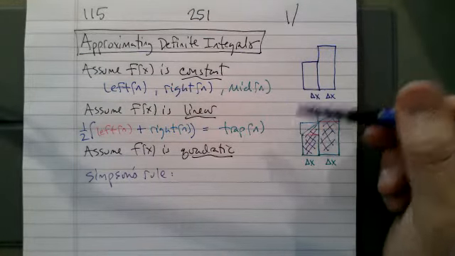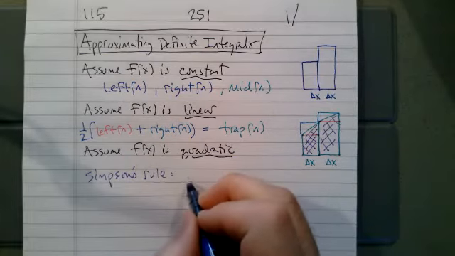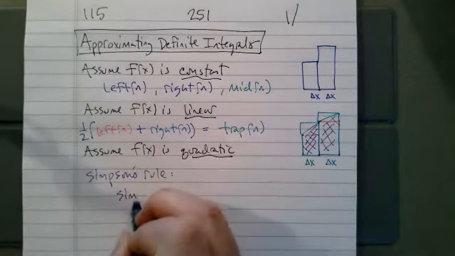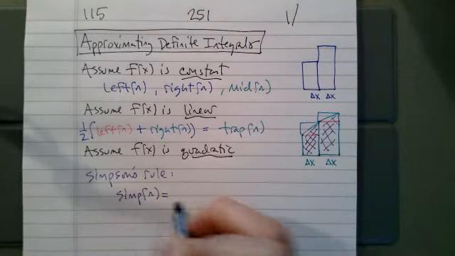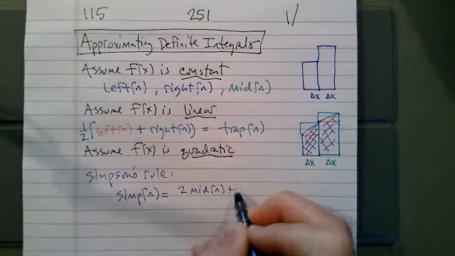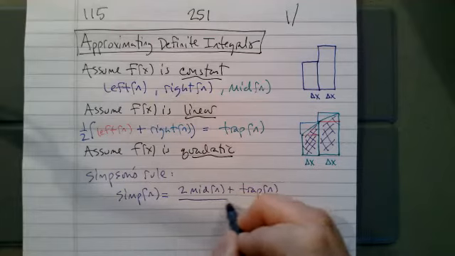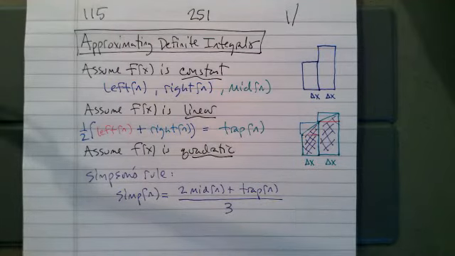It's a weighted average of 2 midpoint rules and 1 trapezoidal rule. So Simpson's rule, Simp n, is going to be 2 midpoint rules plus 1 trapezoidal rule, all divided by 3.